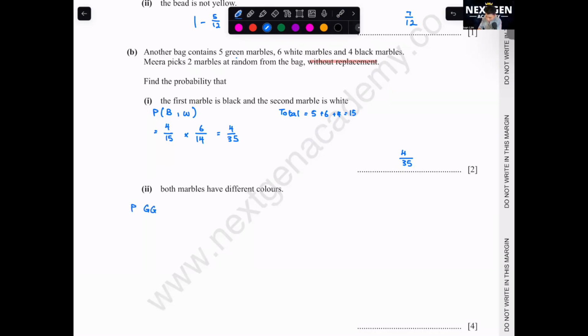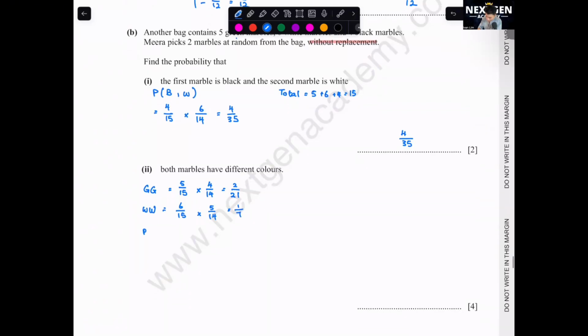Okay, so I want to find probability of green, green. Just put green, green first. 5 over 15 times 4 over 14, which is equal to 2 over 21. White, white, 6 over 15 times 5 over 14, which is equal to 1 over 7. Black, black, 4 over 15 times 3 over 14, which is equal to 2 over 35.